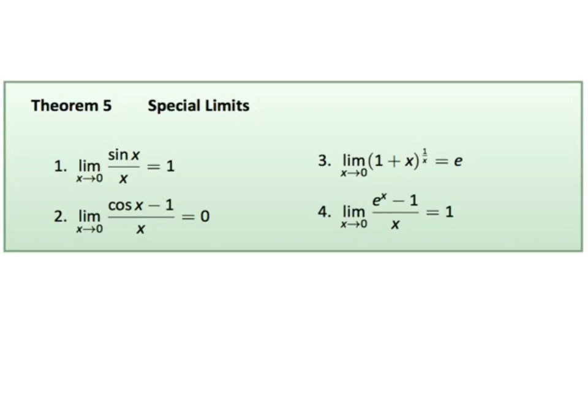The third limit that's on there is the limit of 1 plus x to the 1 over x. Now, this is an important financial limit that basically takes compound interest formulas and lets you get a function that you can calculate continuous interest from.